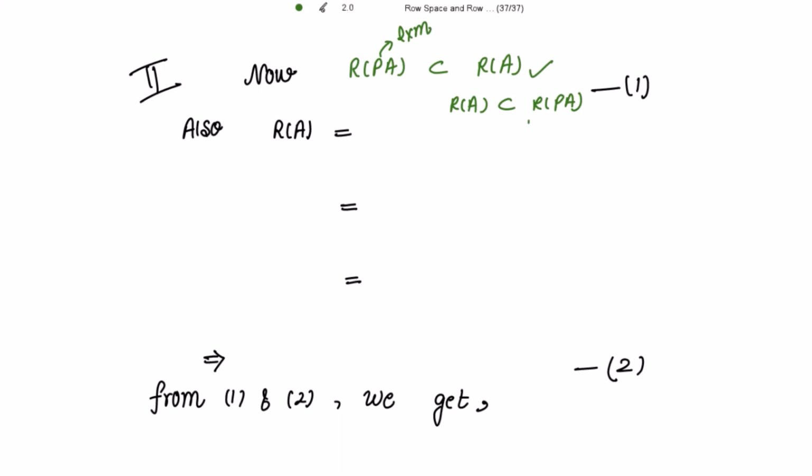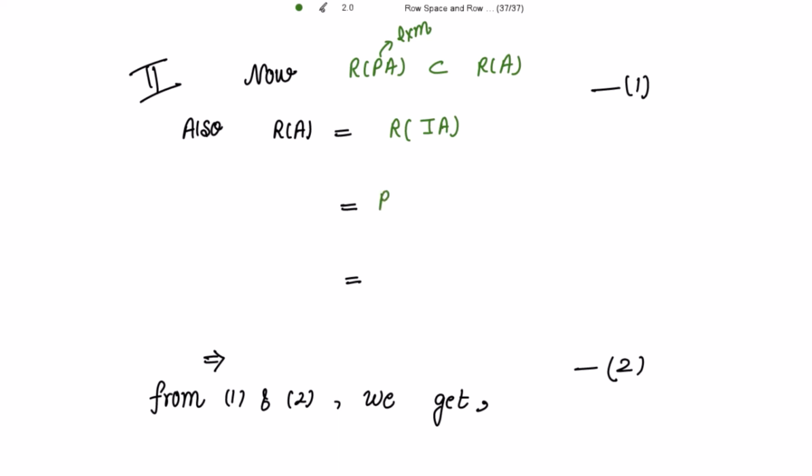Then from these two results we can say that the row space of PA is equal to the row space of A, right? So I can write the row space of A as the row space of IA, yes, where I is your identity matrix. Because it is given to us that P is a non-singular matrix, so P inverse exists.